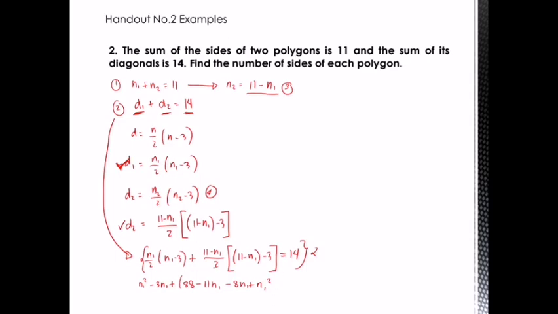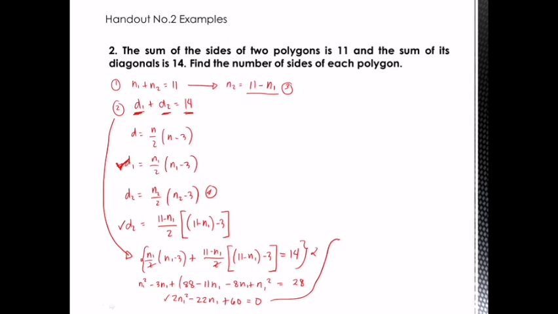Cancel out, class, is equal to 28. So this is now 2N1 squared minus 3 minus 11 is negative 14 minus 8, negative 22N1 plus 60. 88 minus 28 is equal to 0. So from here, a standard quadratic equation.